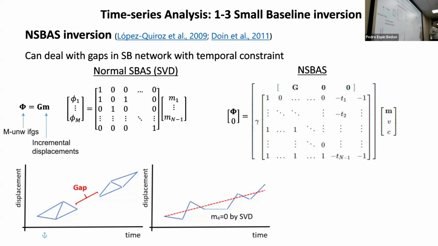The basic idea behind this constraint is that the displacements are linear in the period of the gap. So if you have a gap, it tries to obtain the velocity before the gap and after the gap, and it assumes that the velocities or the displacements change linearly in the period of the gap. This is the main assumption behind LSBAS using this set of equations.